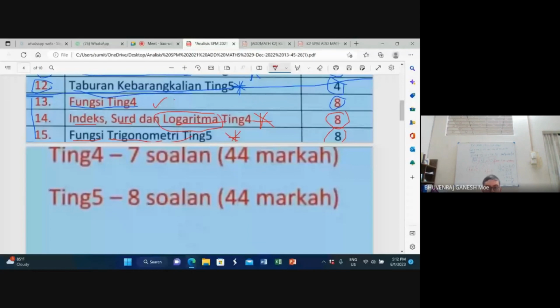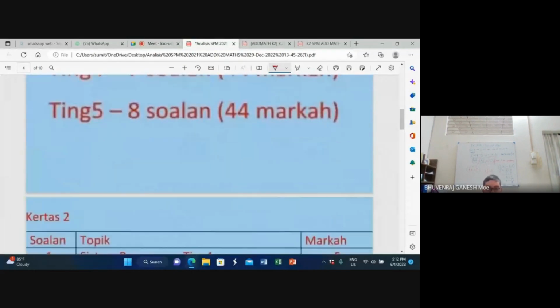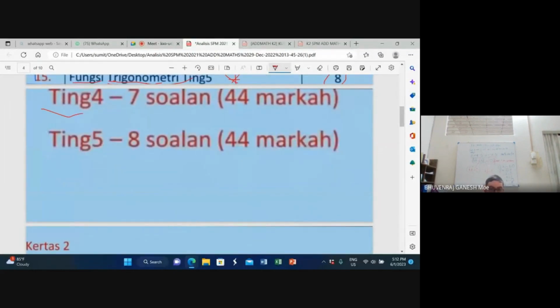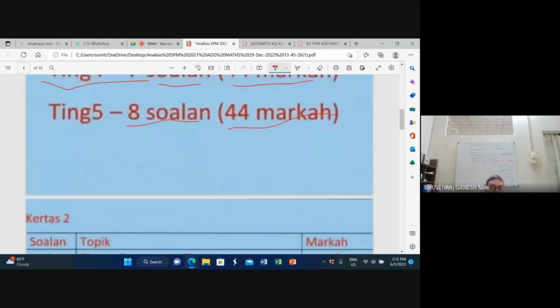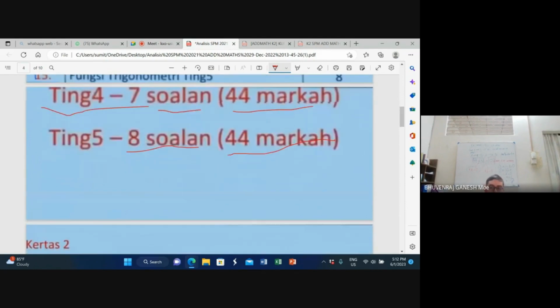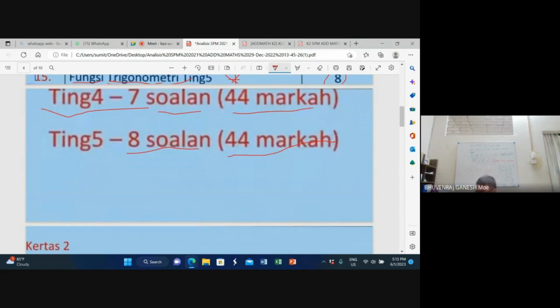Okay. So now as a conclusion from paper 1, what is the thing you can notice from all this? Can you tell me a conclusion? Based on the questions and marks, how are you going to divide your attention and priorities to all the topics?